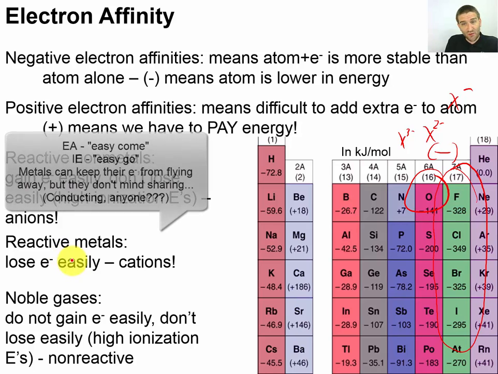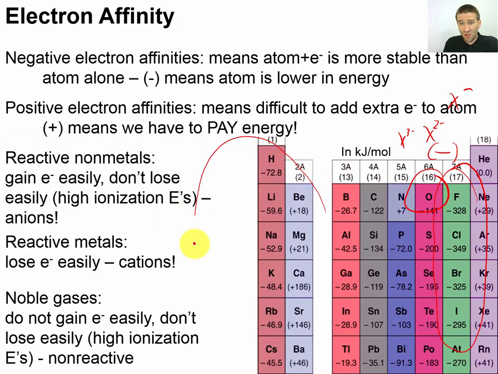Our reactive metals, however, sometimes can take an electron, but generally they're going to be better at losing it. And we saw that with ionization energy. It's easy for them to give up the electron. They can sometimes take an electron too, but generally they give them up. And that's why these are nearly always going to be cations, in other words, a plus charge.